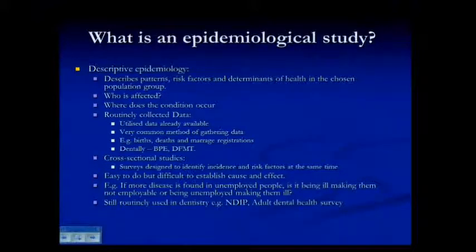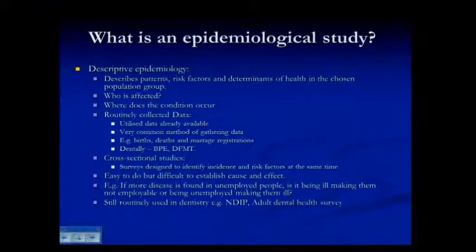All our health surveys that we have, so the Adult Dental Health Survey is the yearly, well, I think it's a 3-yearly cycle actually, a study that's done in England and Wales. NDIP is the yearly National Dental Inspection Programme in Scotland, which tells us about the oral health of children. There's also the Scottish Health Survey, which has a dental section.